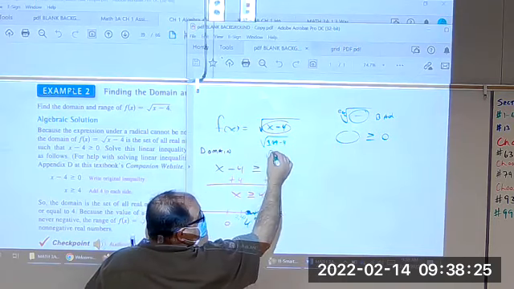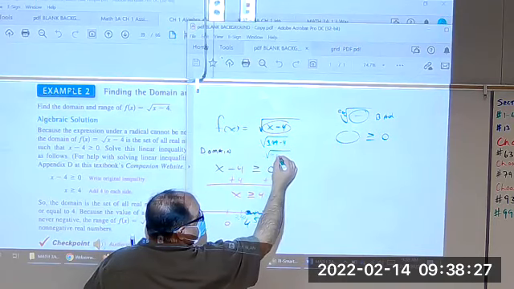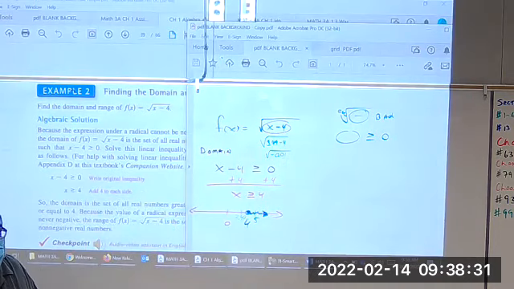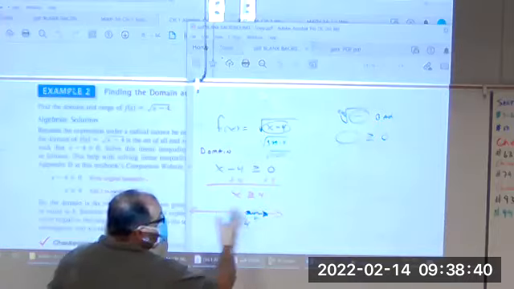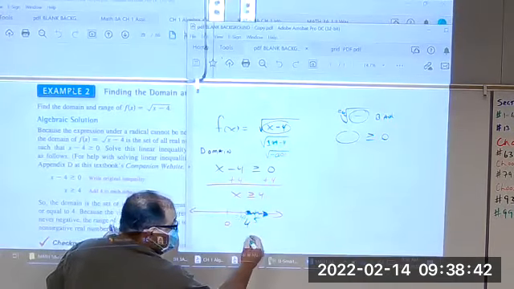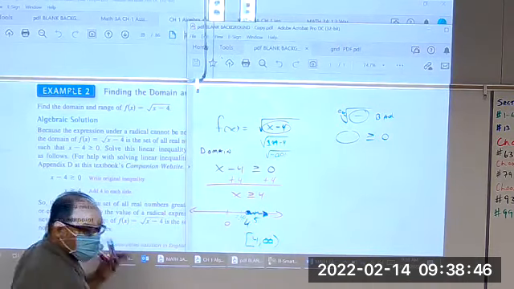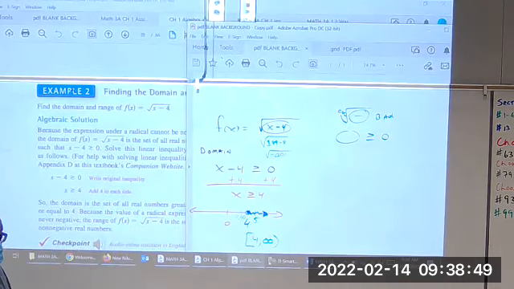So when you do that, that's going to be a negative penny. It's the square root of a negative, not allowed. So where would you put that? You don't have to. Remember, all you want to do is say what's the domain? The domain is everything from 4 to infinity. You're not going to put what it isn't, you're going to put what the domain is. What can it be?